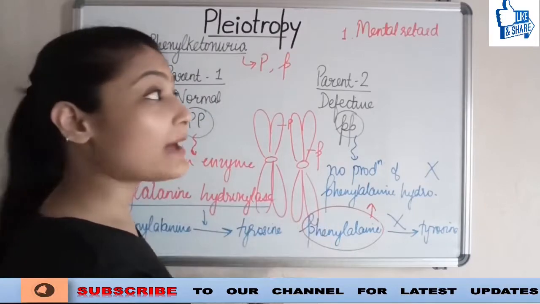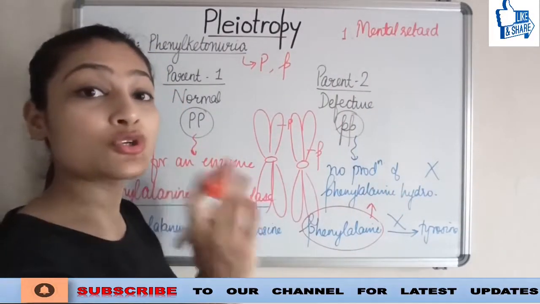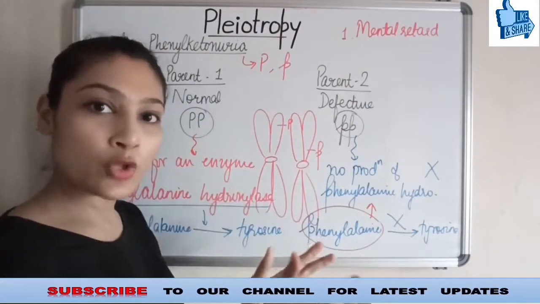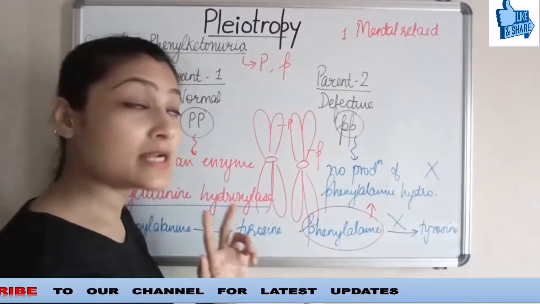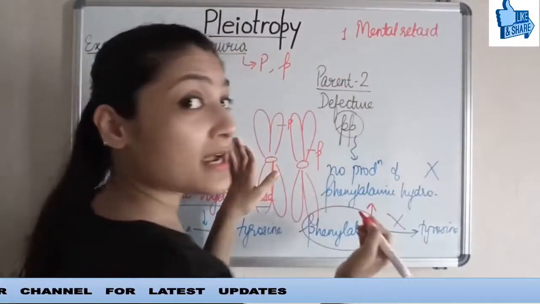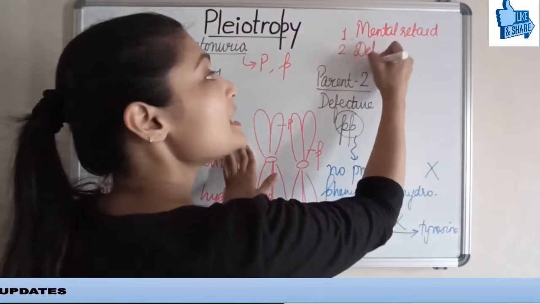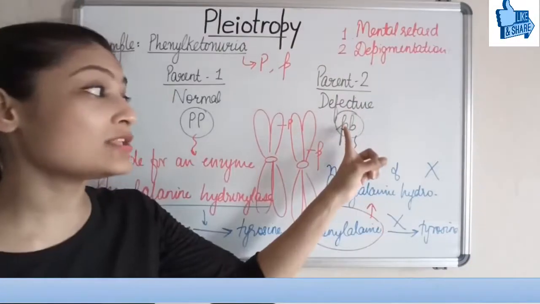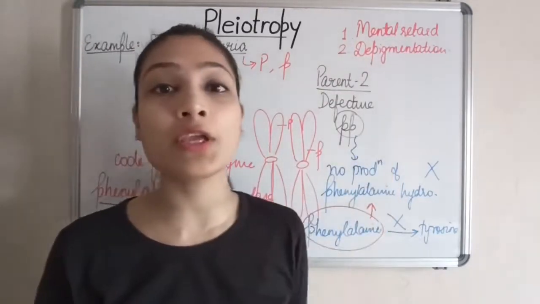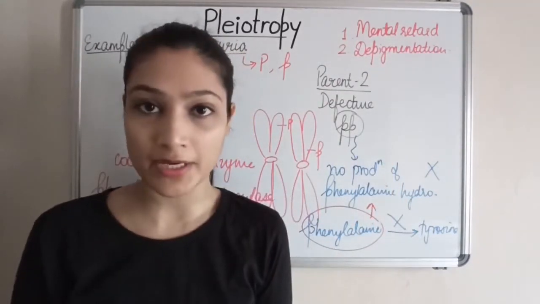When such thing happens, the person is going to be showing two abnormalities, two traits. One is mental retardation and the second one is depigmentation. One gene is responsible for giving multiple effects.